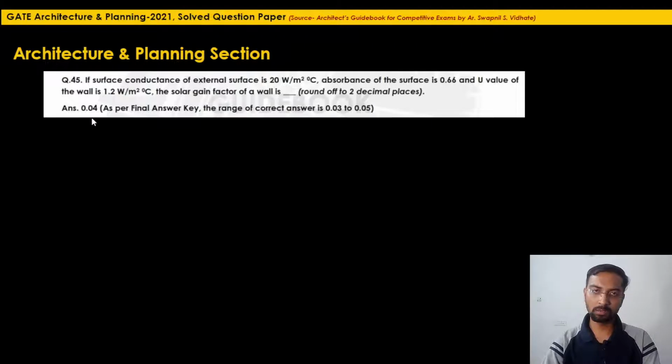So our answer is in the range, we will get full marks. So a very simple question. If you know the definition of solar heat gain coefficient, as well as the relation between the factors mentioned here, like surface conductance, absorbance and the U value, we will get 2 marks for this question. So total marks achieved till now, 54 marks.